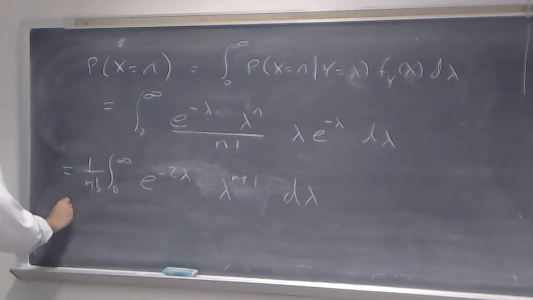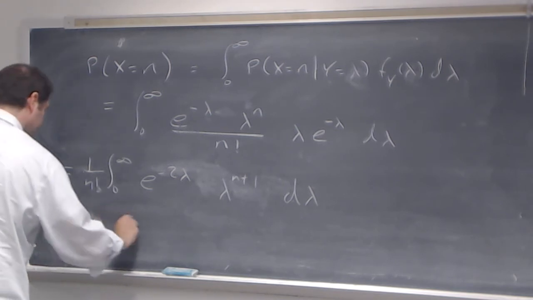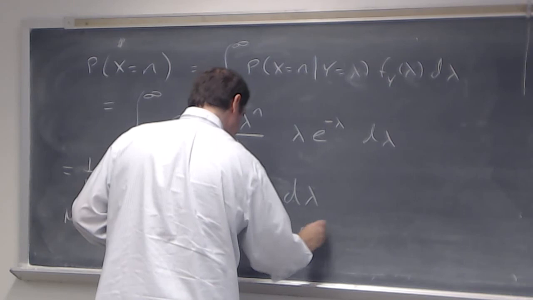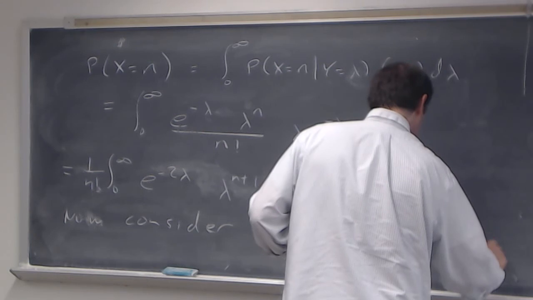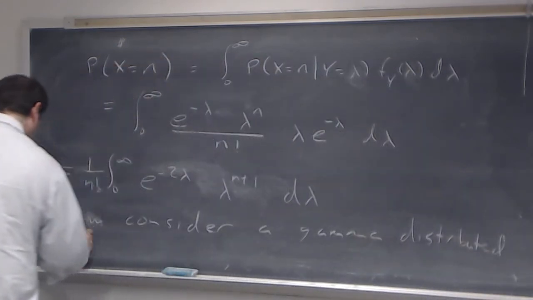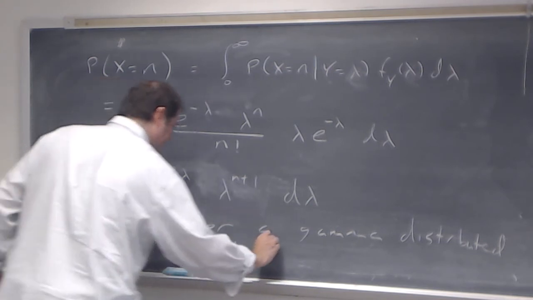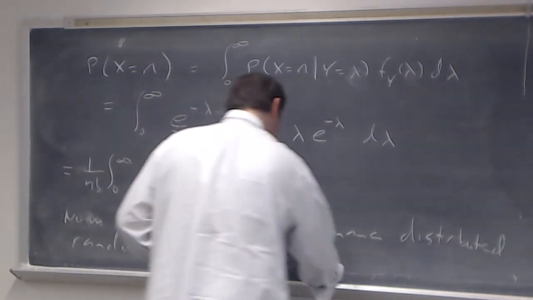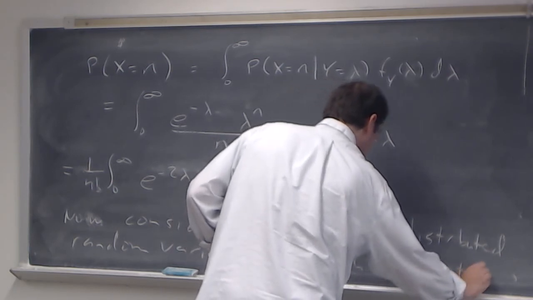All right, now here's what we do. To compute this integral, note the following. Or I should say, now consider a gamma distributed random variable lambda. I'm going to call it capital lambda like this. Okay? With parameters, what am I doing?